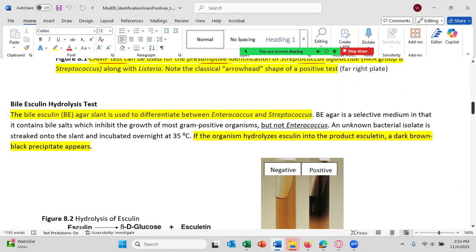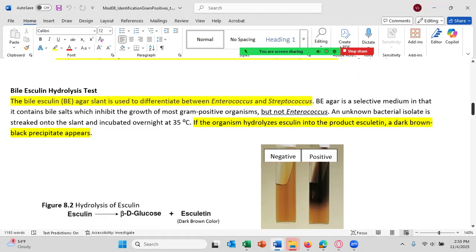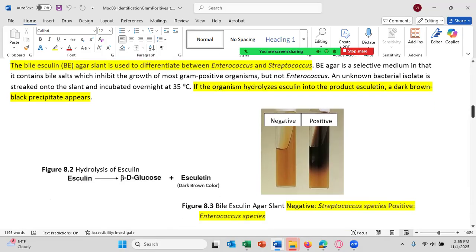All right, let's talk about the bile esculin hydrolysis test. It uses an agar slant, and it's used to differentiate Enterococcus from Streptococcus, these two families of bacteria. If the organism can hydrolyze esculin, which is in the tube, it will make the product esculetin. A dark brown-black precipitate will appear in the tube.